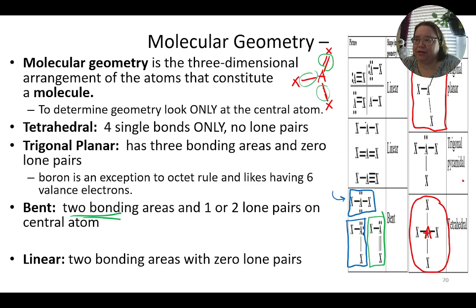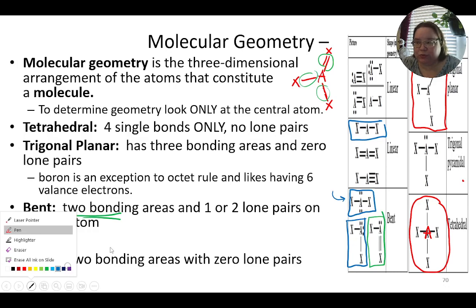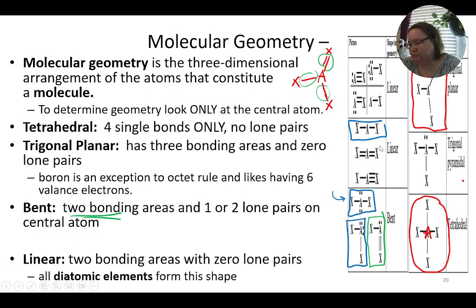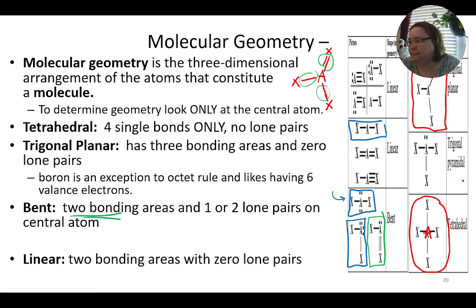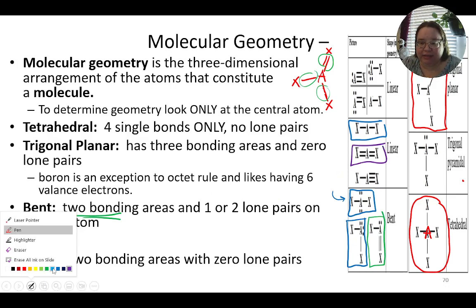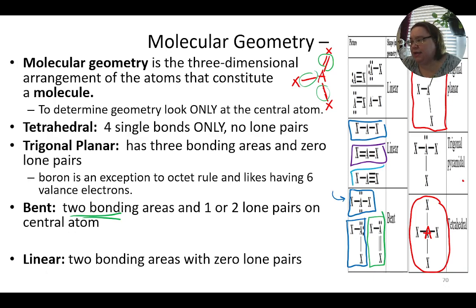Again, those bonding areas could be single bonds like we see in this top one. It could be 2 double bonds like we see in the one that I'm about to outline in purple. There we go. Or it could be a single and a triple bond to get that linear shape outlined in light blue. So those are your main types of linear.